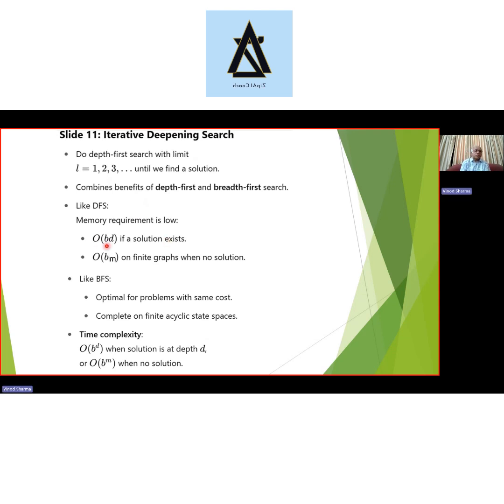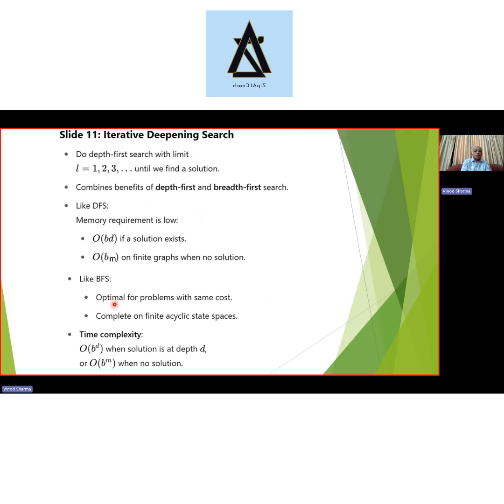They are of the order of b times d, where d is the depth of the solution, if the solution exists. It is of the order of b times m on finite graphs when no solution exists, and m is the maximum depth from the root node that we are starting. And like breadth first, it is optimal for problems with the same cost.